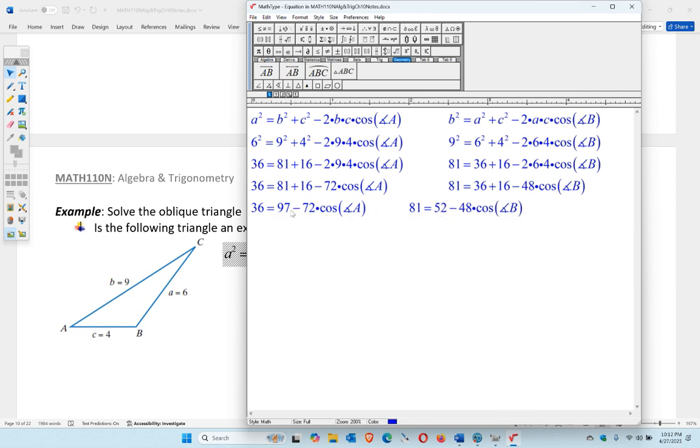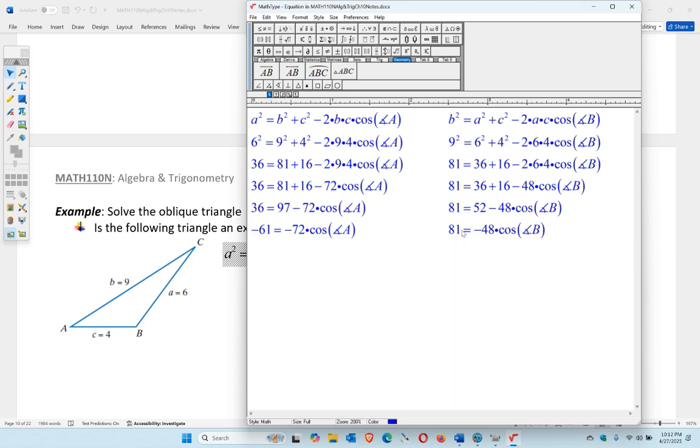Now I cannot do the subtraction because multiplication comes before subtraction. So now I just need to solve the equation. For each side, I'm going to subtract 97 from both sides. That's going to leave me with negative 61. And from this one, we're going to subtract 52 from both sides.